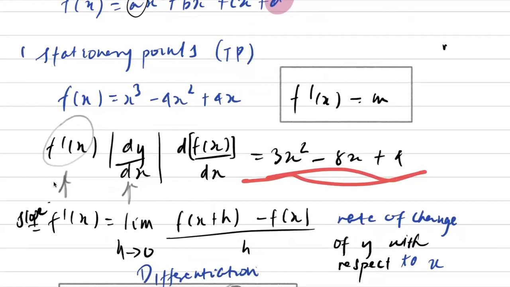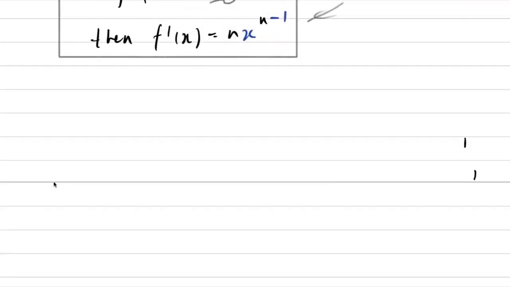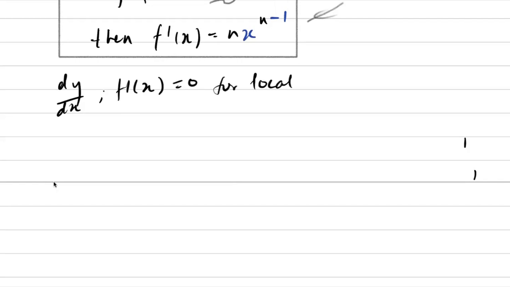Now again, remember for a stationary point, we just have to say dy/dx, or if you want, f prime of x equals 0, for your local minimum or maximum turning point.